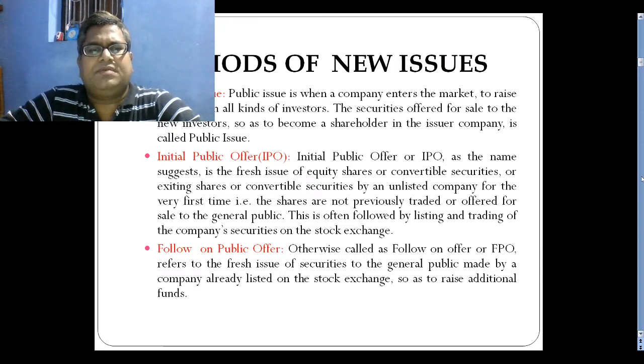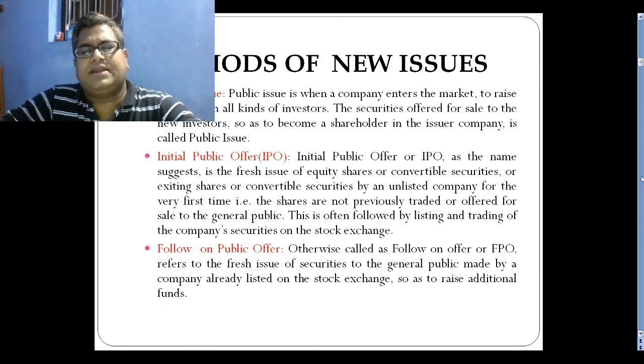First one is the public issue. Public issue means the company issues different types of shares, through which funds are generated. Public issue may be divided into two parts. One is the initial public offer, that is IPO. Another one is the FPO, follow-on public offer.